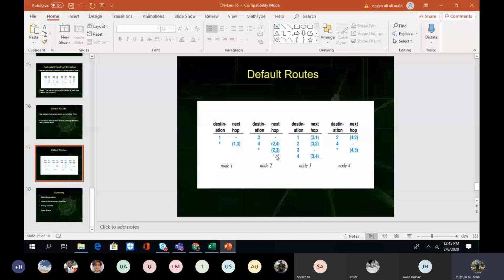So what did we do, we merged both paths into one, 2,3, and we have placed static over here, right? So this is how you are going to manage this. In the same way, in node 3 we do not have any similar links, and in node 4 we combined 1 and 3 by using 4,3. So this is how you are going to calculate your default route using a routing table, right?